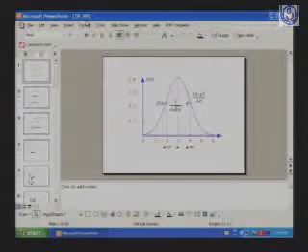So this normal distribution, as I said, is a symmetric distribution, and if you are able to see this on the screen, it has the mean at the center, mu.